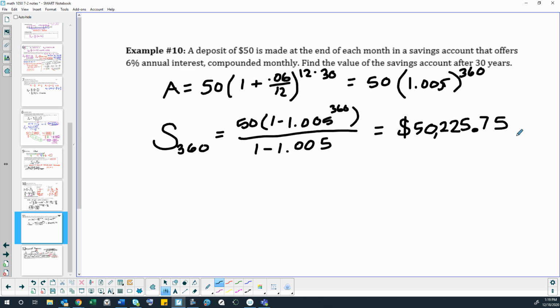So that's why we didn't just do this little part, which would have been, just for fun, I'm going to calculate it, 1.005 to the 360 power. So that would just be at the end of 30 years if all we did was start with the $50. So 50 times 1.005 to the 360 power, and that gives us, oh, is that it?